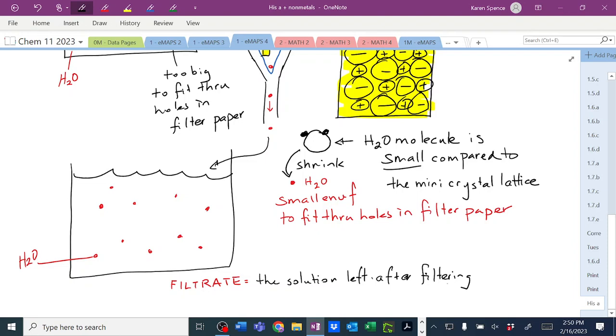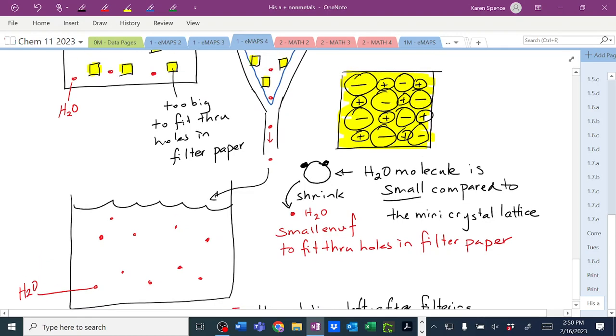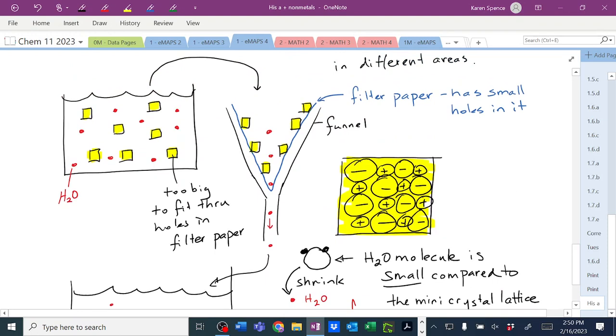Yes. The calcium hydroxide. But it had to be small enough to get through the filter. This was not small enough to get through the filter. How could I make it small enough? What could I do with these?